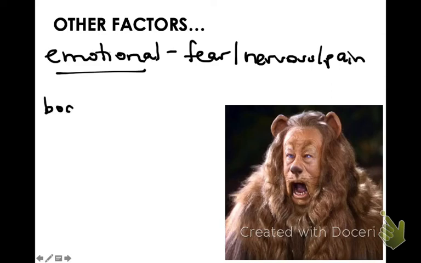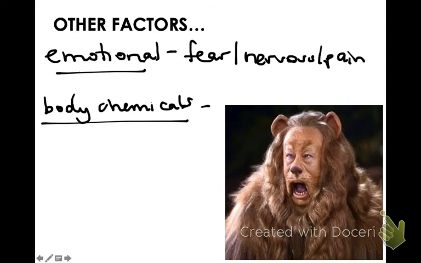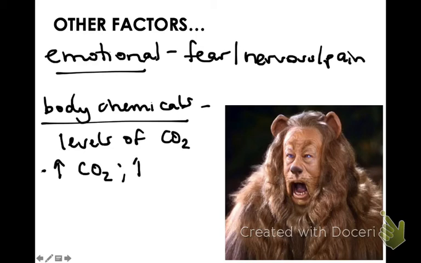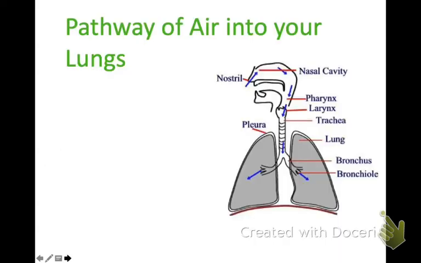Body chemicals, those are usually talking about things inside the body, and that's mainly what I was talking about a few slides ago, which is our levels of carbon dioxide. If you have a high level of carbon dioxide, so if you were working out, for example, you might increase your carbon dioxide. Your brain then increases your breathing rate to try to get rid of it. We don't want to have too much of it. We want to stay in homeostasis.